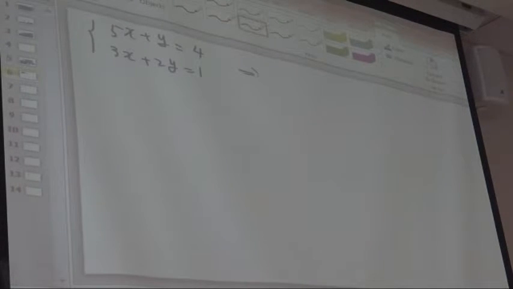To match them, we find the least common multiple of 5 and 3, which is 15. So to make 15, we multiply by 3 and, for this one, by 5. Then we have 15x plus 3y is equal to 12, and 15x plus 10y is equal to 5.